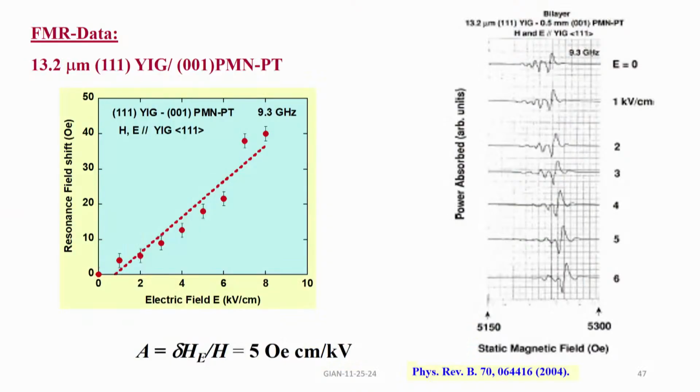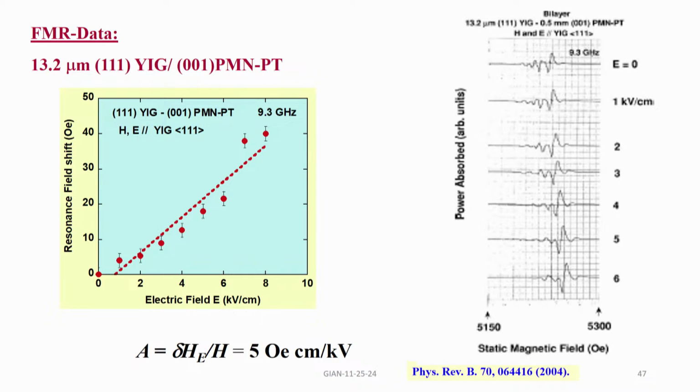Now, these are some of the experiments that we did with a bilayer of yttrium iron garnet bonded to a PMN-PT platelet, and you see several spikes here. The main one is the main resonance. These are what we call magnetostatic modes. Just ignore them.